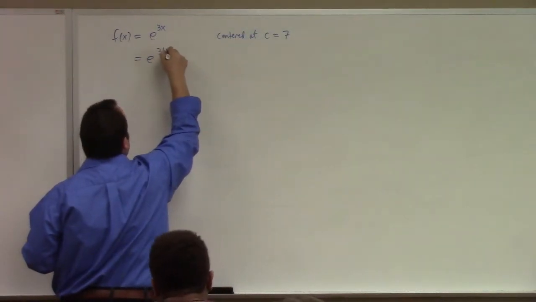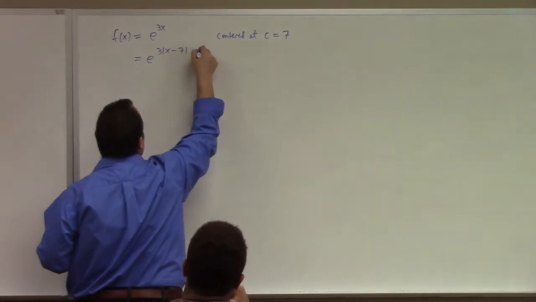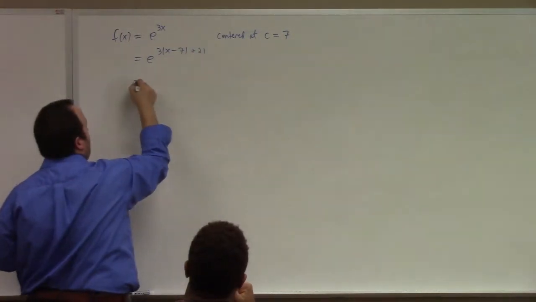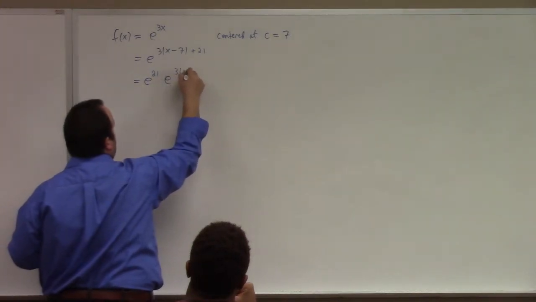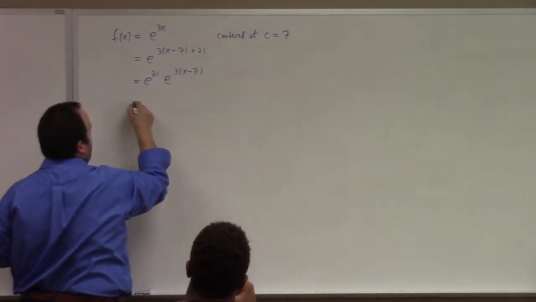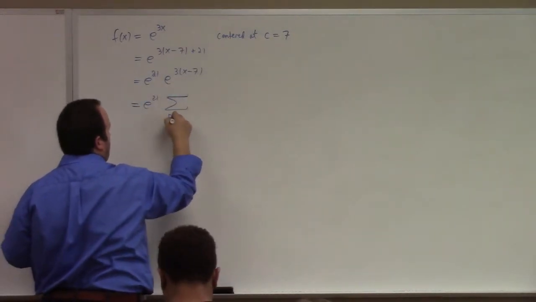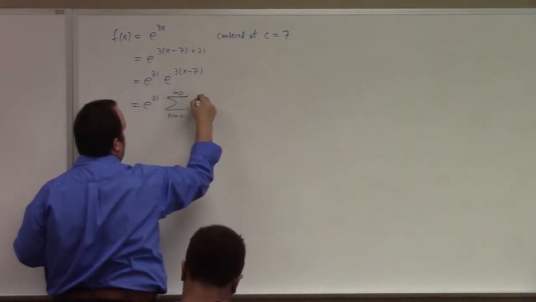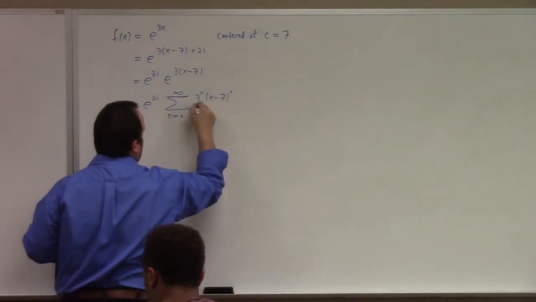That's 3 times x minus 7, plus 21. So that would be e to the 21 times e to the 3 times x minus 7. So e to the 21 times the sum, n equals 0 to infinity, 3 to the n, x minus 7 to the n, over n factorial.